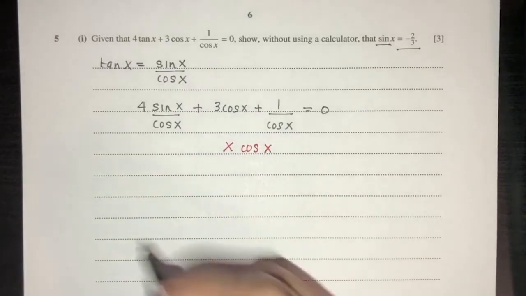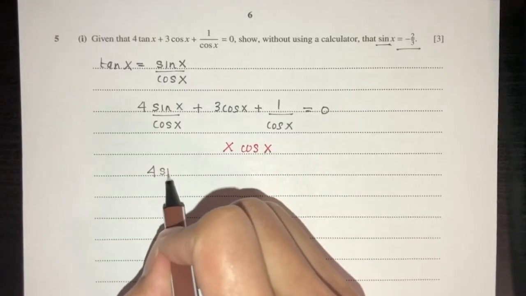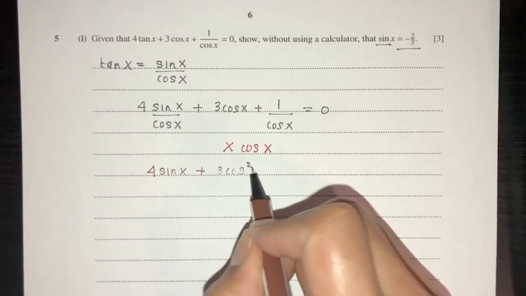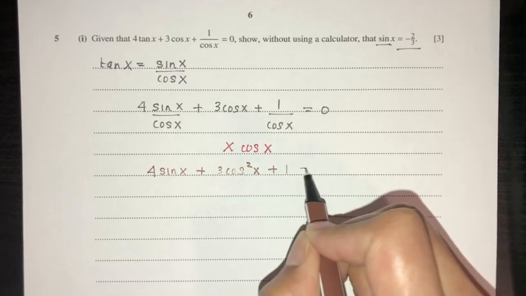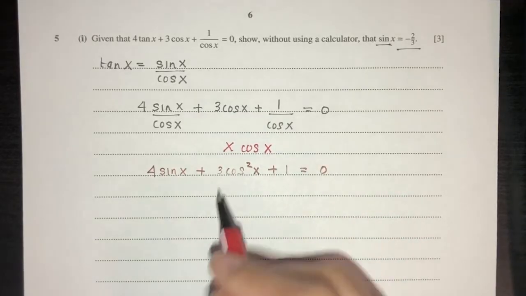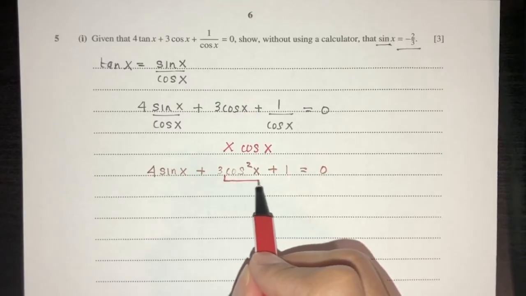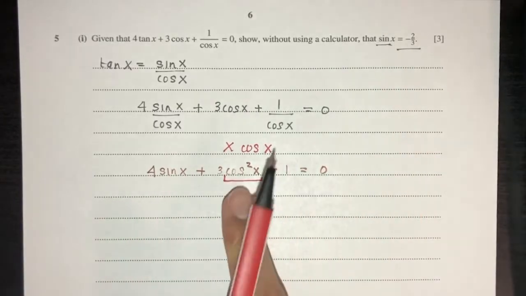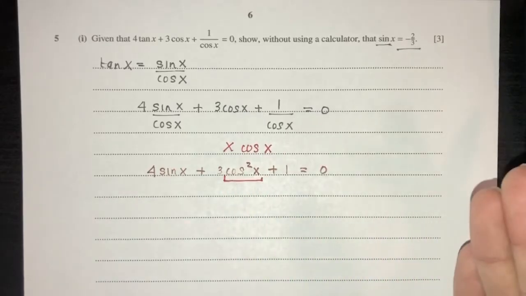So in this case, you will have 4 sin x plus 3 cos squared x plus 1 equal to 0.